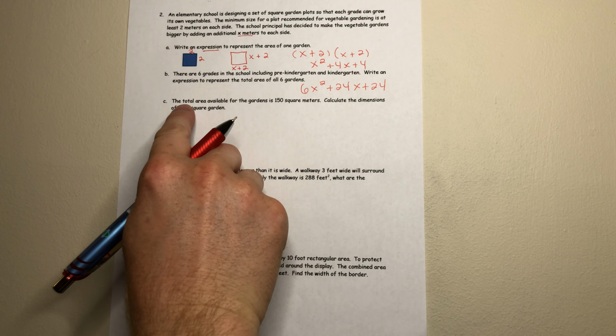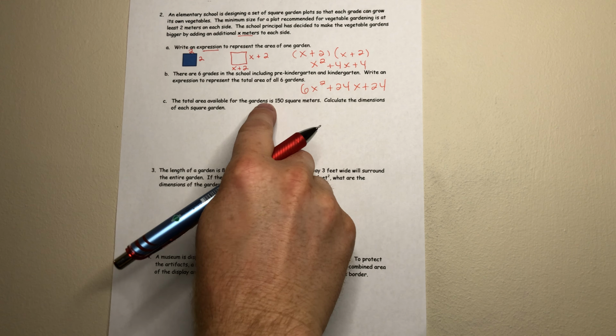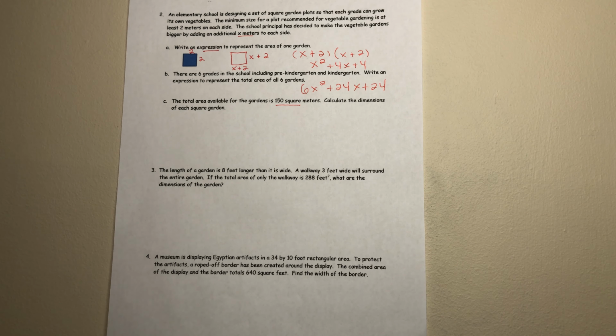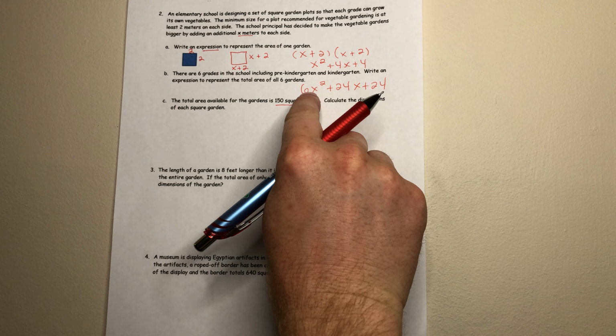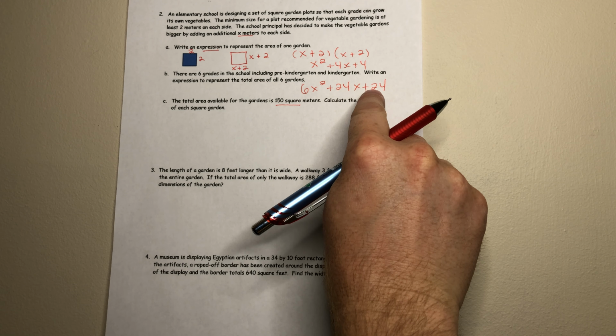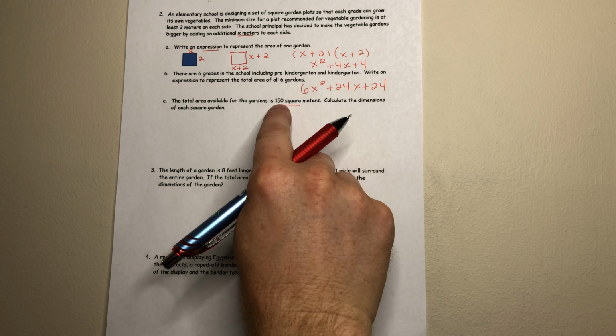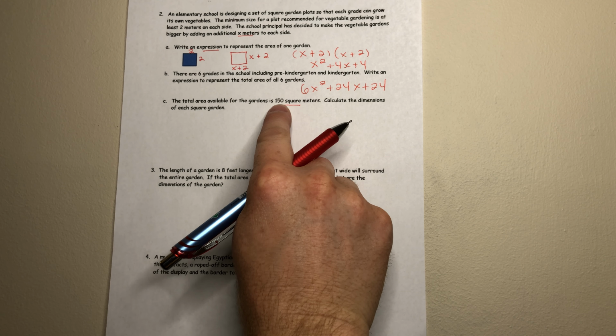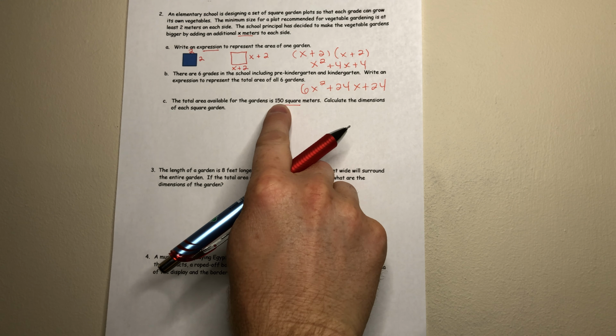Awesome. The total area available for gardens is 150 square meters. So we want to find the dimensions of each square garden. So I know that all 6 areas have to be equal to 150 in order to maximize the space that we're using.